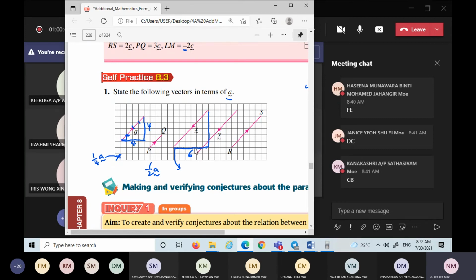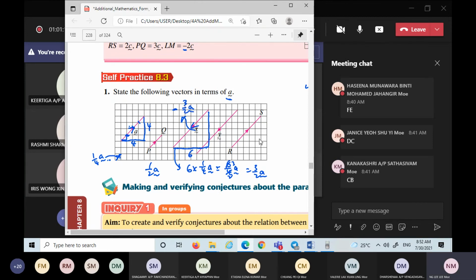This one is 6 by 6, so it means 6 times 1 over 4a. Easier. So you have 6 over 4a, and simplified, 3 over 2a. But be careful of the direction. This one is pointing up, this one is pointing down, so with a negative.